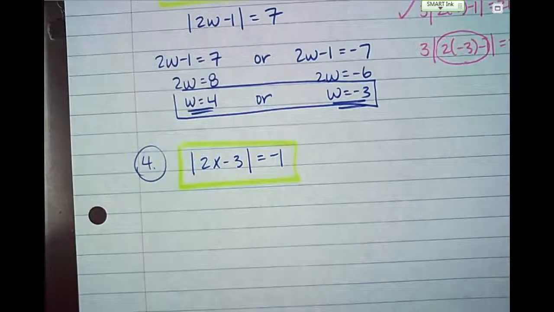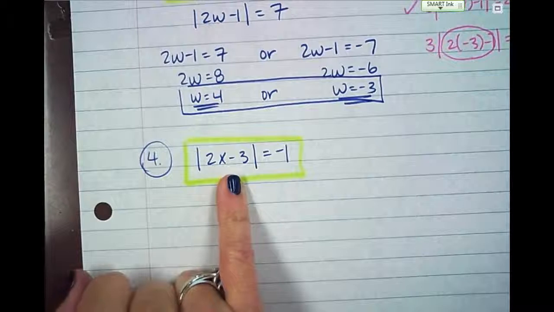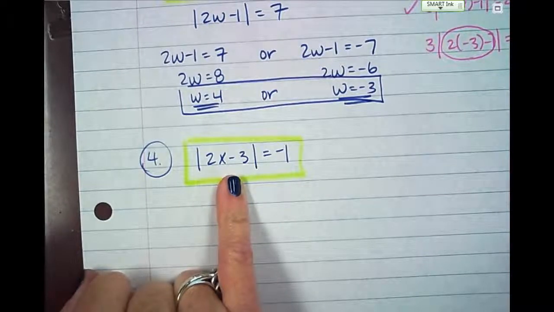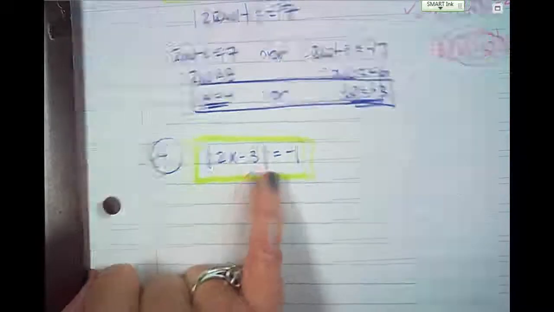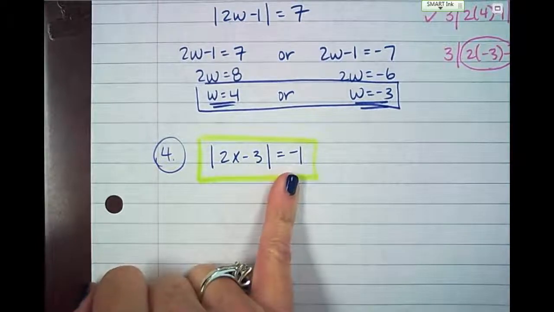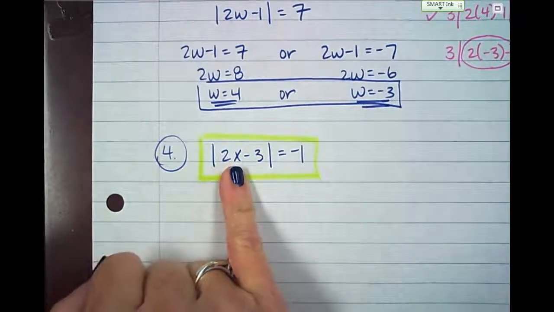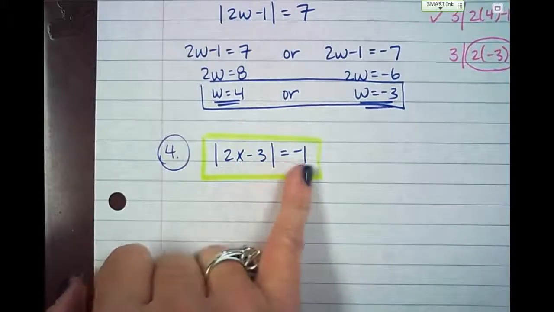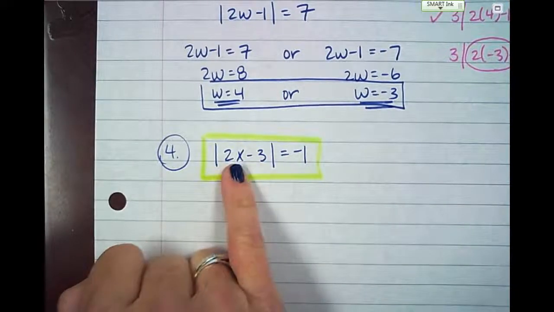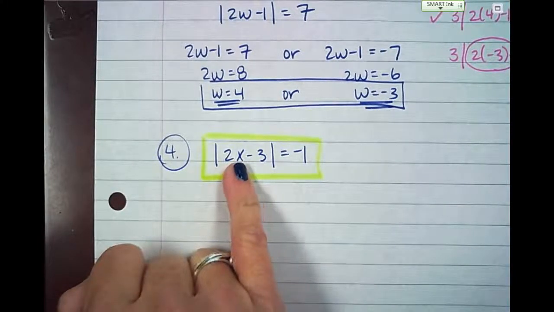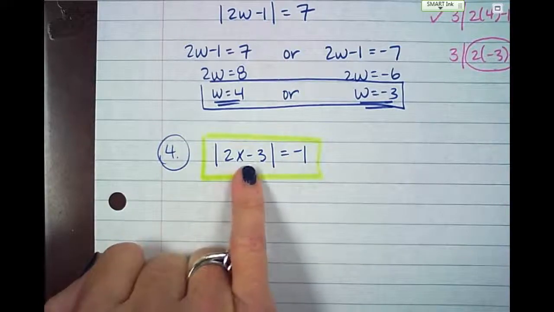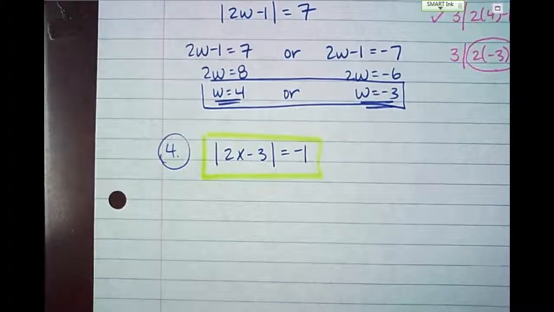Again, you didn't see it yet. What does this have to be? The answer has to be what? Positive, right? And what's over there? Negative. So no matter, when I did the math, if I got 1 as an answer, I would need to write 1. If I got negative 1 as an answer, what would I still need to write? 1. Would the absolute value ever equal a negative? No. Okay, it doesn't work.